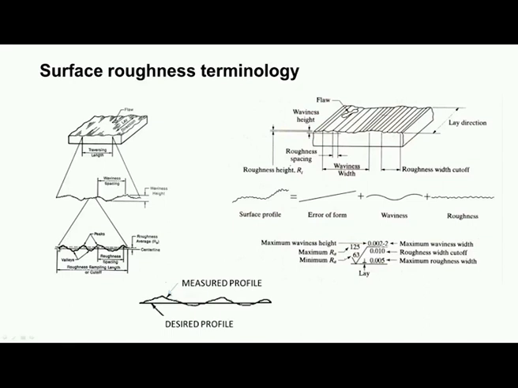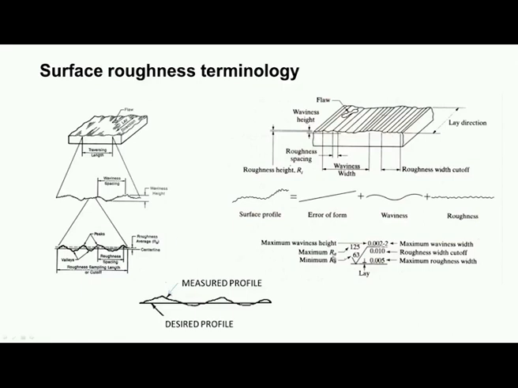We consider a particular length of the wavy profile, and then we go for measuring the roughness. This particular length is known as roughness sampling length, also known as cutoff length.